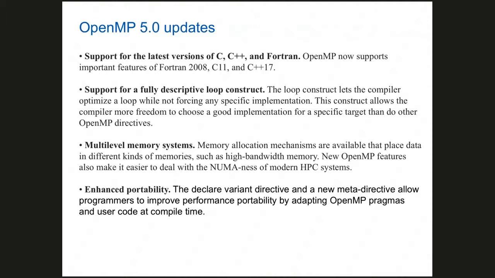And support for the fully descriptive loop construct. The loop construct lets the compiler optimize the loop without focusing on any specific implementation. This construct allows the compiler more freedom to choose a good implementation for a specific target than other OpenMP directives.